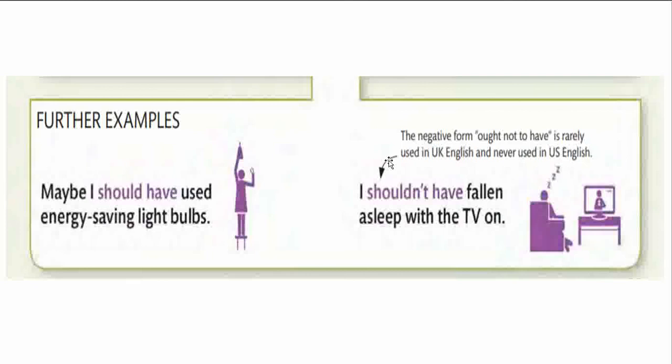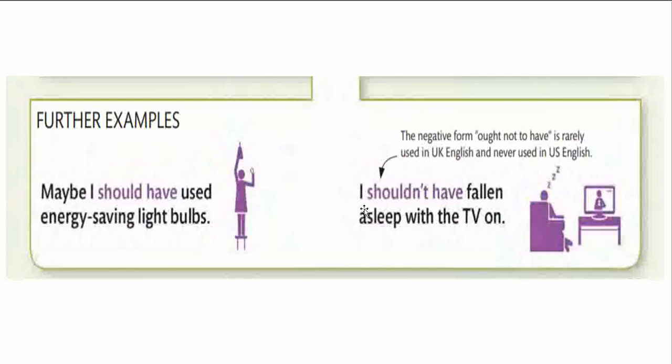The negative form, ought not to have, is rarely used in UK English and never used in US English. Ought not to have may sound correct on a piece of paper, but in spoken or written English, it is hardly used in British or American English.